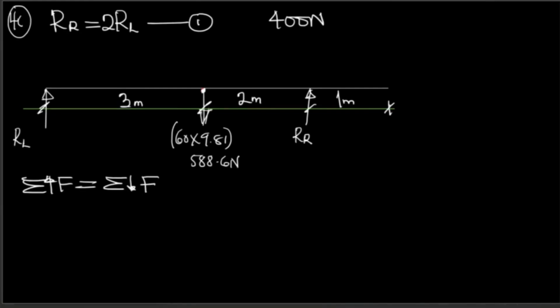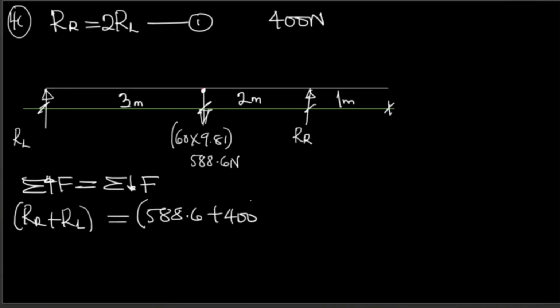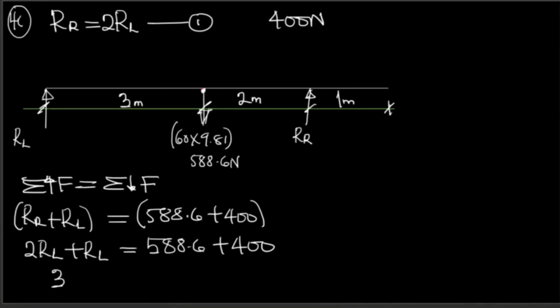The upward forces are the right hand reaction plus the left hand reaction, which equals the downward force, the weight of the beam, 588.6, plus 400. We replace the right hand side with 2RL, so 2RL plus RL equals 588.6 plus 400. So 3RL equals 988.6.